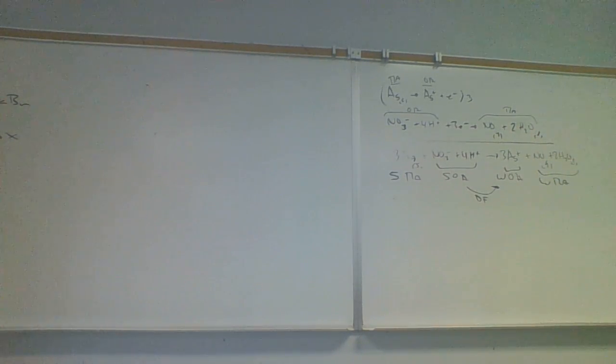Single replacement says A must be the reducer, A must be the reducing agent, and then B must be the oxidizer, and X is the spectator. So in the last example, the reason why nitric acid failed is because X is not a spectator. X is the strongest oxidizer present.